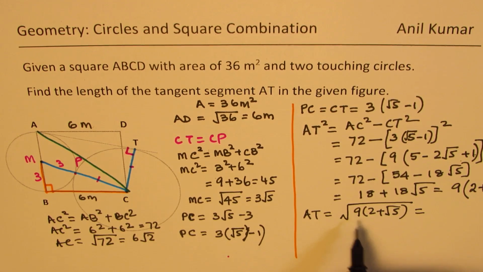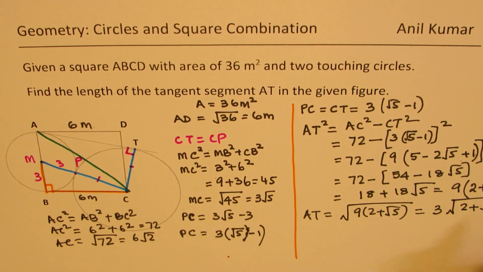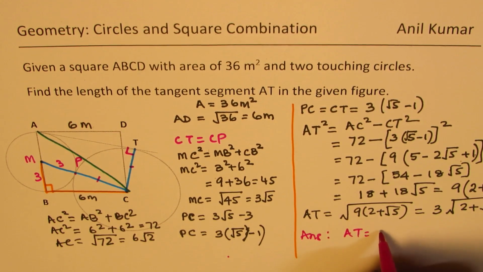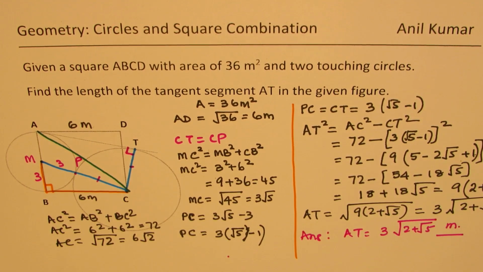Square root of 9 is 3, so I can take 3 outside, and within square root we get 2 plus square root 5. Units will be in meters, right? So we can now write down the answer, which is AT equals to 3 times square root of 2 plus square root of 5 meters.